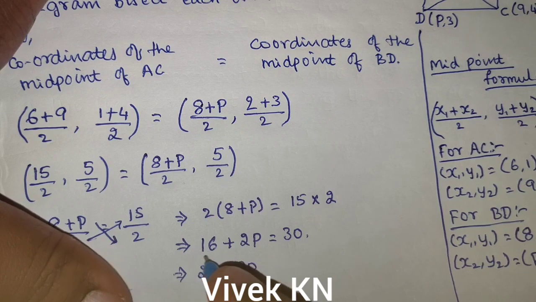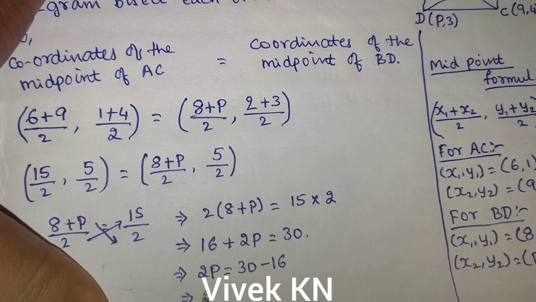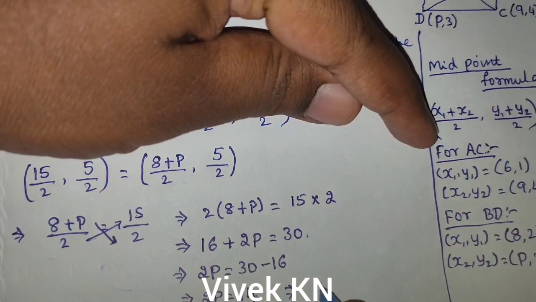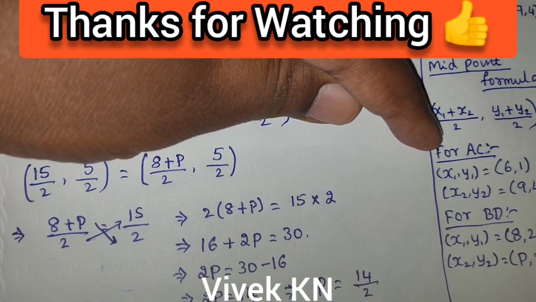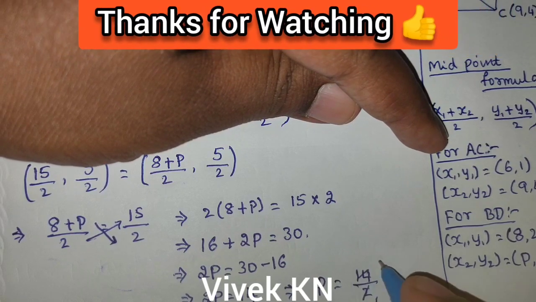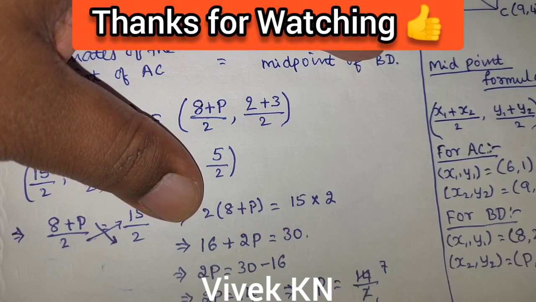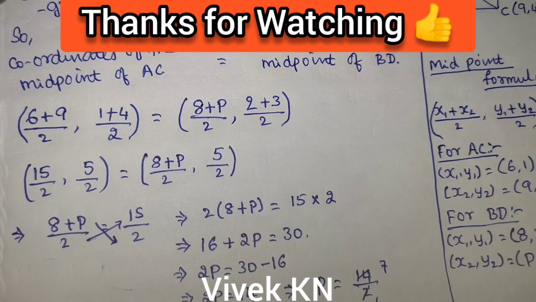When we shift this plus 16 to the RHS, it becomes minus 16. That is 2p is equal to 30 minus 16 is 14. If 2p is equal to 14, then p is equal to 14 by 2, that is 7. The value of p is 7. This is the answer.